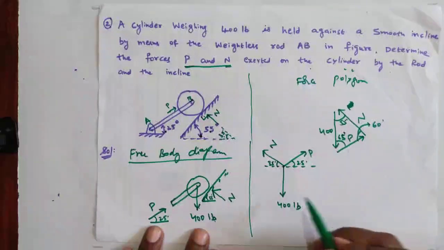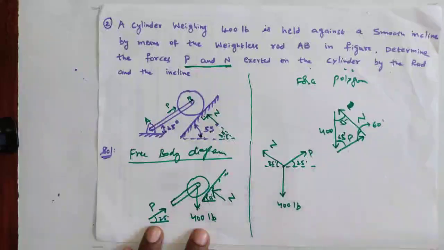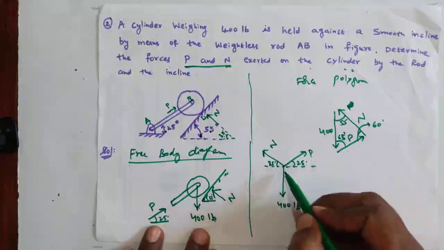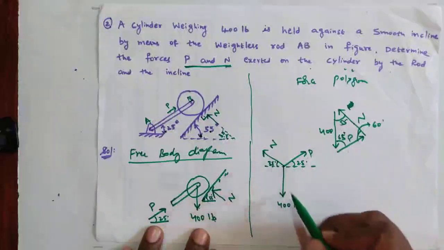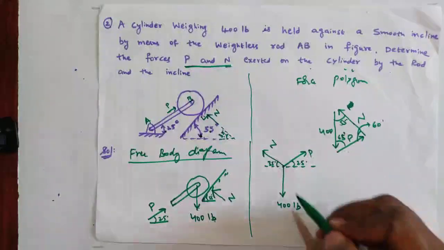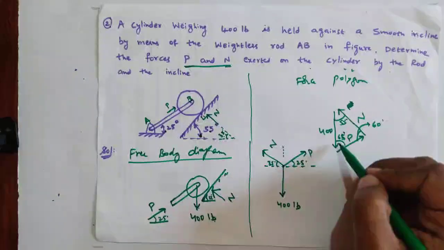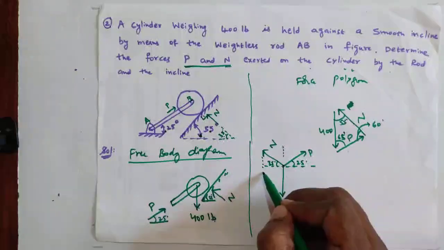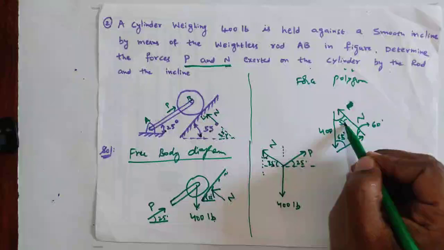And here we can see the angle between N and 400. If I extend 400 vertically, if it is 35, the remaining angle will be 55. Same I have written here, 55.